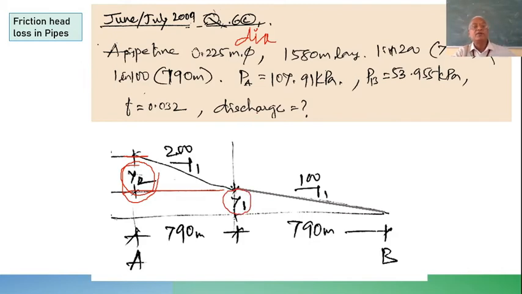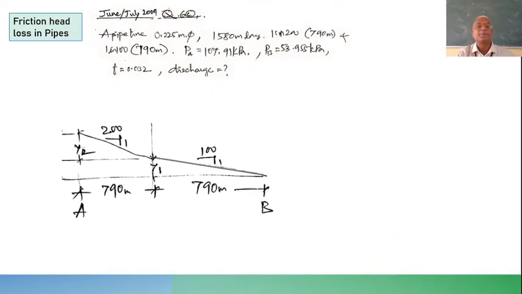Now this is what is given. Now they are asking for the discharge. Given the pressure at this point, if you call it A, I have denoted it here. Point B is here, and the pressure at B is given. Now using all that you have learned, you should be able to find out the discharge. Now we'll see how to go ahead. Okay.